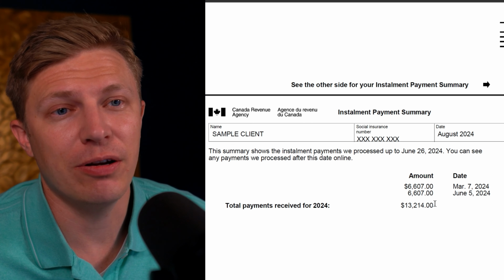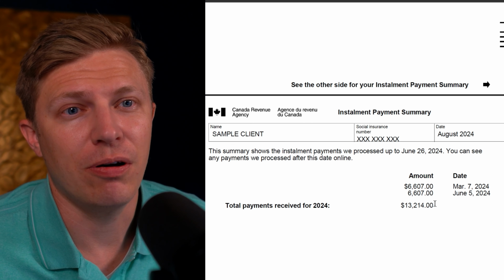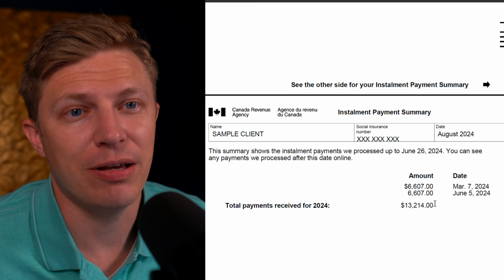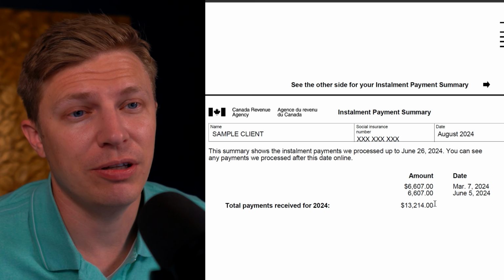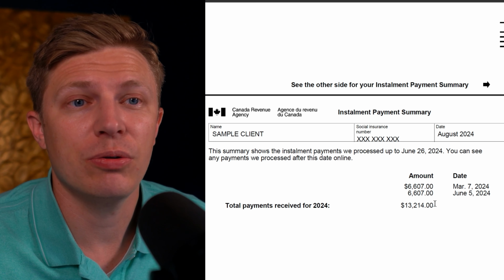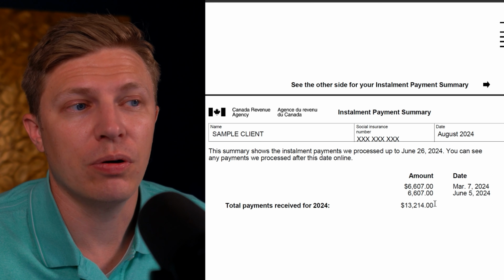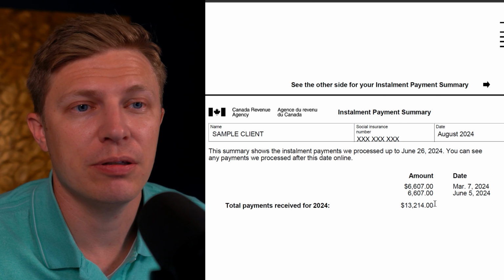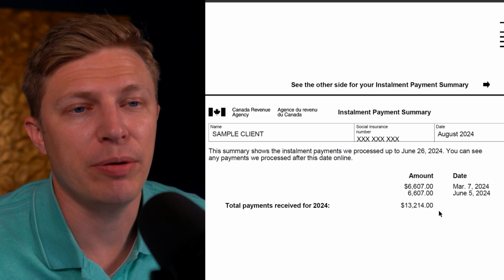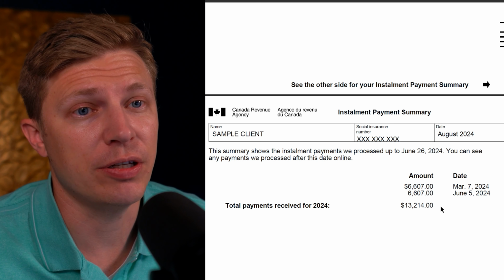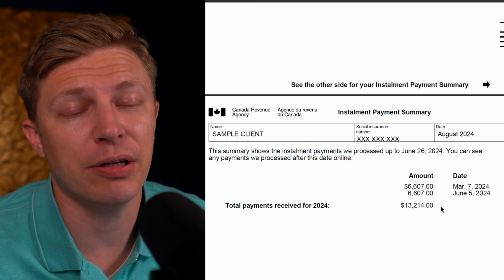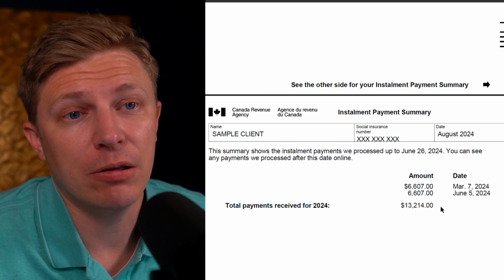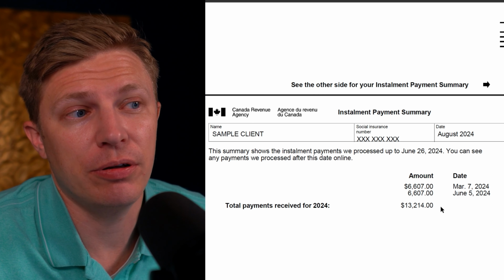So, in a nutshell, if the payments here are not showing up as you expected that they would, you need to look into it. You also can review your payment details online with CRA My Account. So if you haven't signed up for that, I highly recommend you do, because it lets you look at your tax records in a very accurate way.